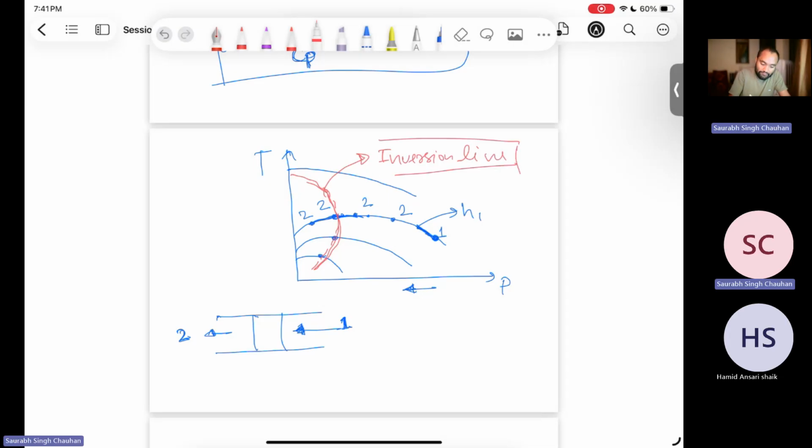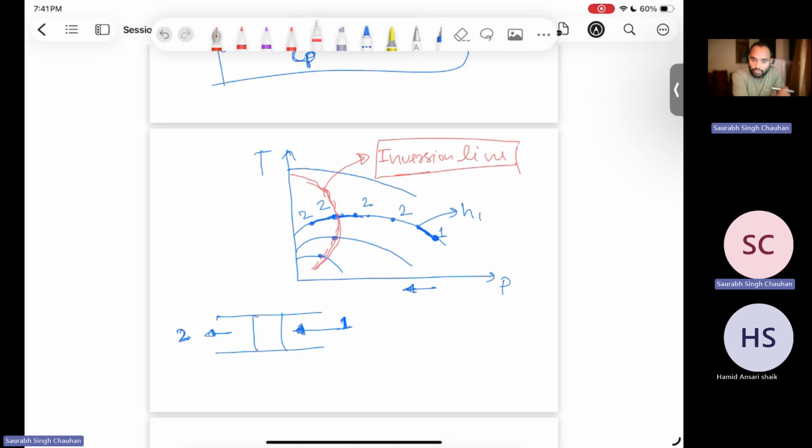So if you are doing throttling on the right side of the inversion line, then you will not get a cooling effect. By throttling you will be increasing the temperature, not reducing it. If you want to get the cooling effect, you will have to be on the left side of this inversion line.